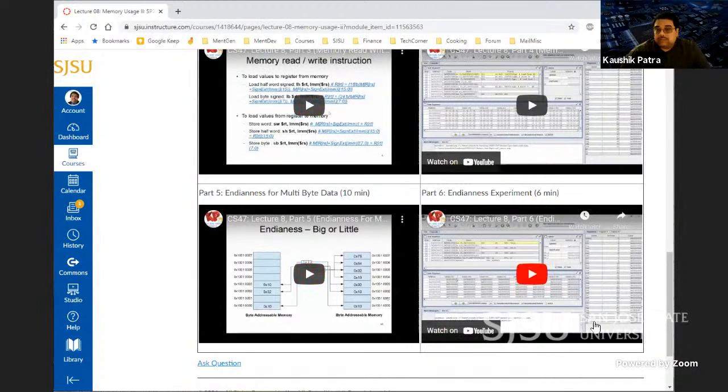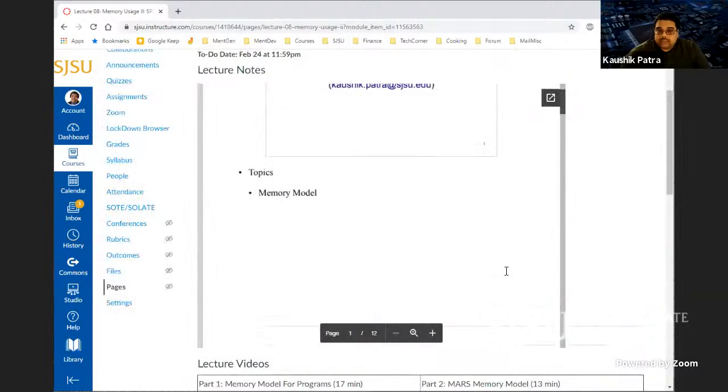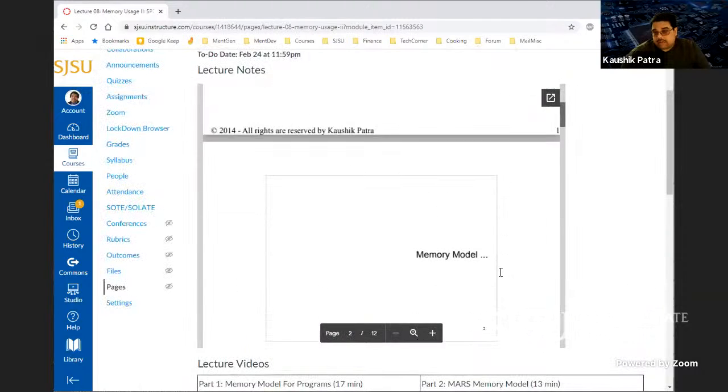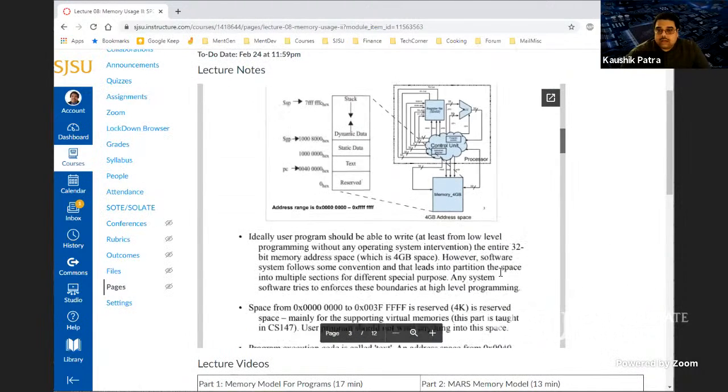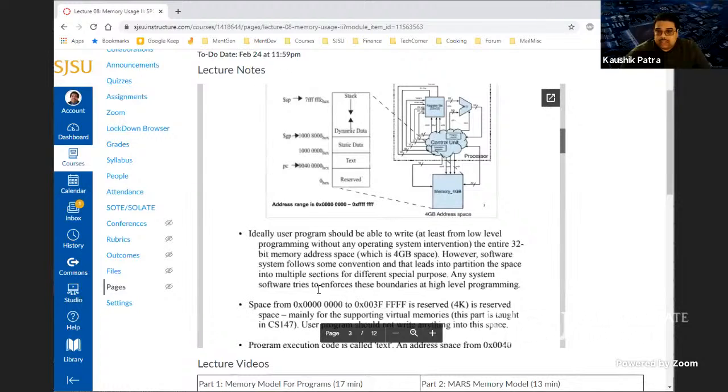Very important. We start with the memory model. We start with the discussion of the different assumptions a software program makes about different sections of the memory. As a device, the memory doesn't distinguish that, okay, this is my dynamic data section, this is my stack section, this is my text, this is reserved. It doesn't matter.